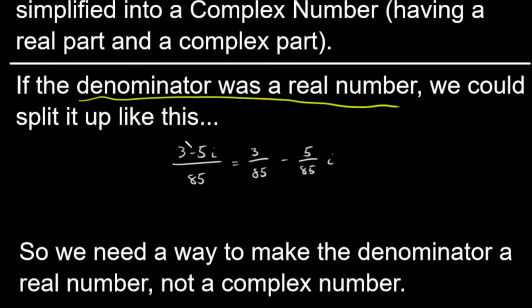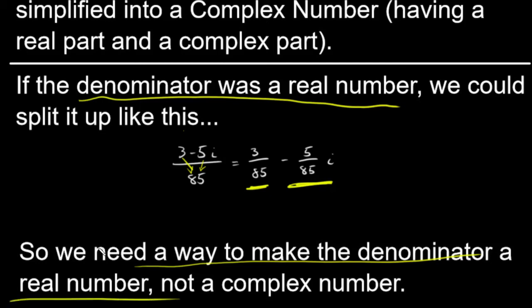If the denominator was a real number, you could split up the numerator. See, the numerator is a complex number, but if the denominator is a real number, then you can split this up into 3 over this number and then minus 5i over this number. And the minus 5i would be written out like this. And so you've got your real part and your complex part. This is a complex number. So what we need to do is we need to find a way to make the denominator a real number. And that is where conjugates come in.